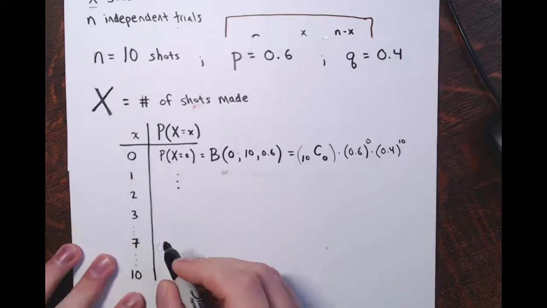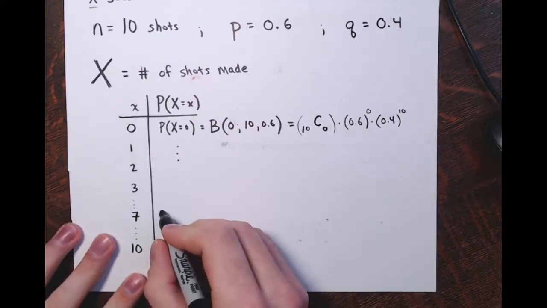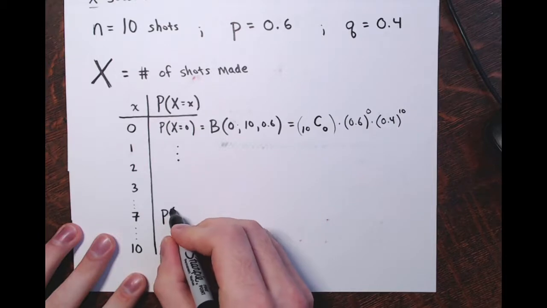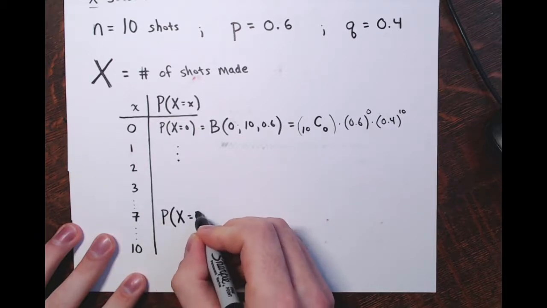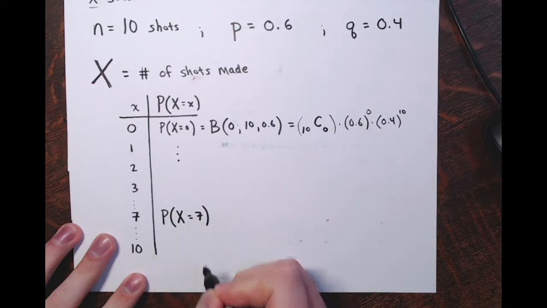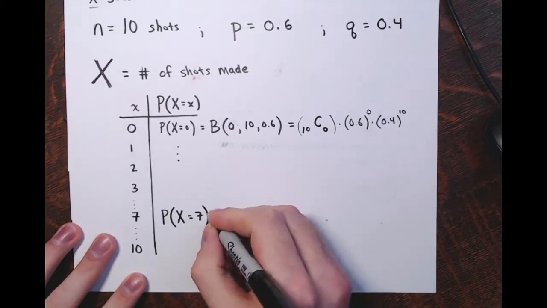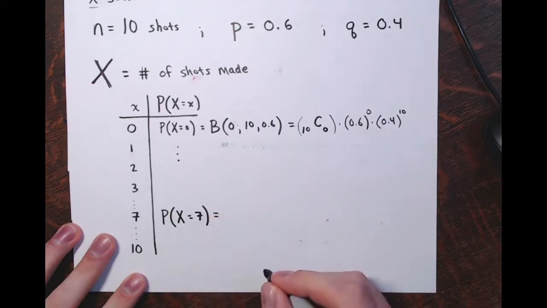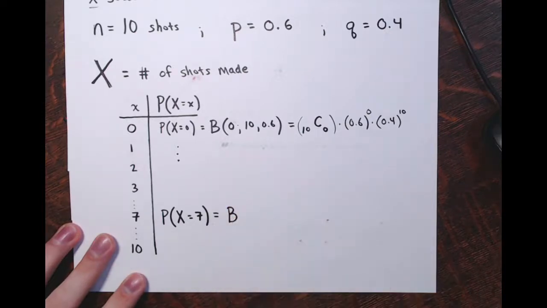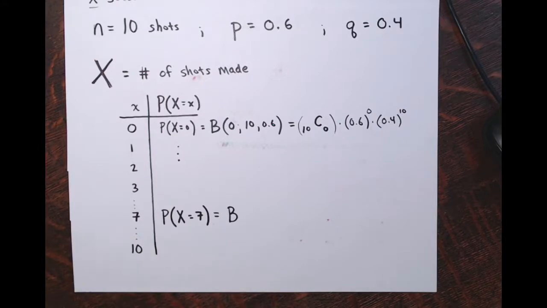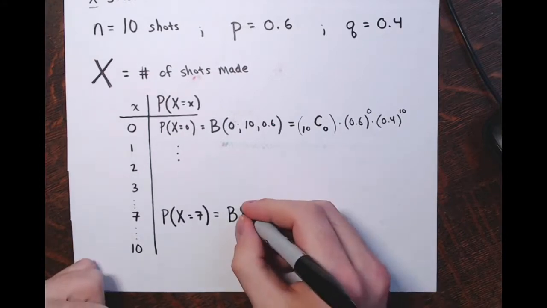But what we're asked for is this. For this particular question, we're asked for the probability that the number of shots she makes out of these 10 free throws is 7. Now again, the fancy way they're writing it is this capital B, telling you we're in a binomial situation, successes and failures.